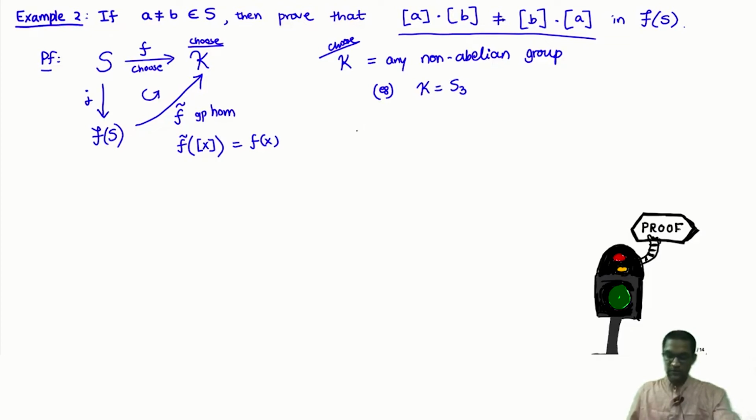Okay, now I need to define my map F. So to define my map F, let me pick the following. I'll pick two auxiliary elements. So I have a non-abelian group K. Now let me pick two elements A and B from this group K. Let A, B belong to this group K, be non-commuting, be such that AB is not equal to BA.